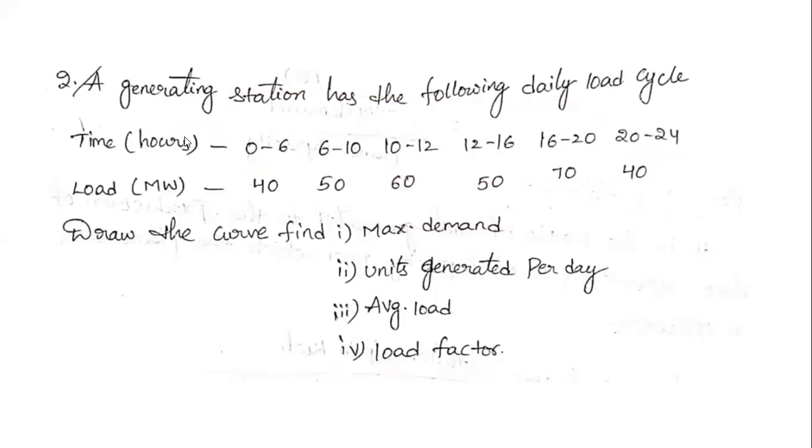The time is represented in hours and the load in megawatts. The intervals are 0 to 6 hours, 6 to 10, 10 to 12, 12 to 16, 16 to 20, and 20 to 24. The loads are 40, 50, 60, 50, 70, and 40. Next, draw the curve.